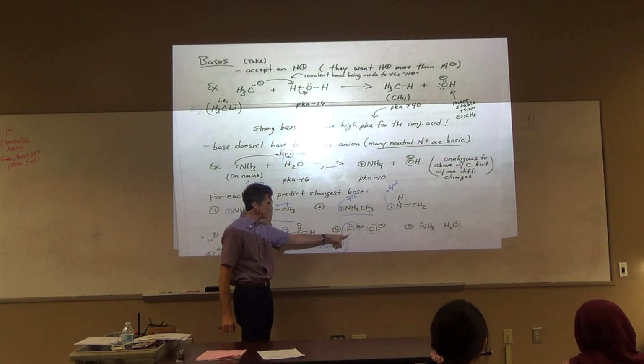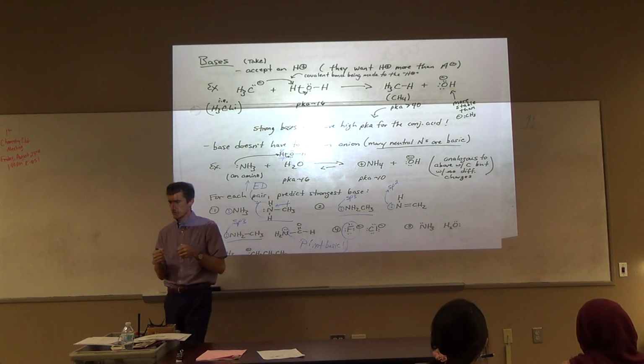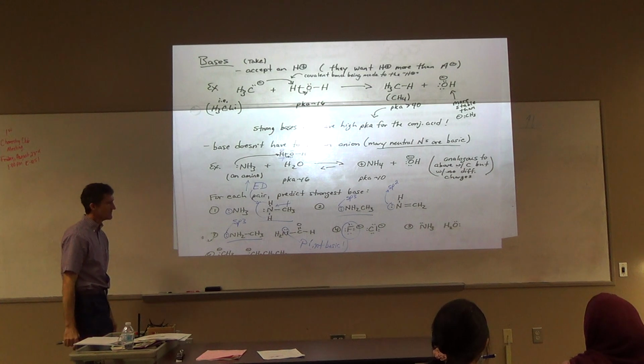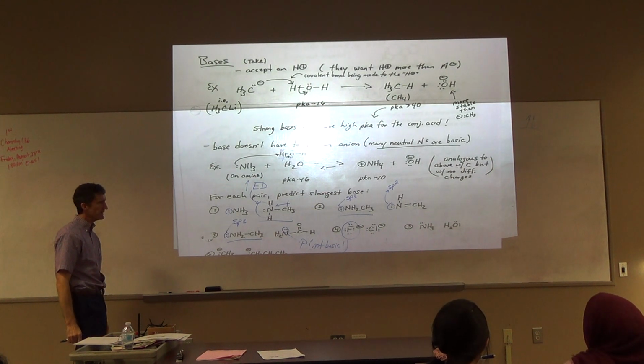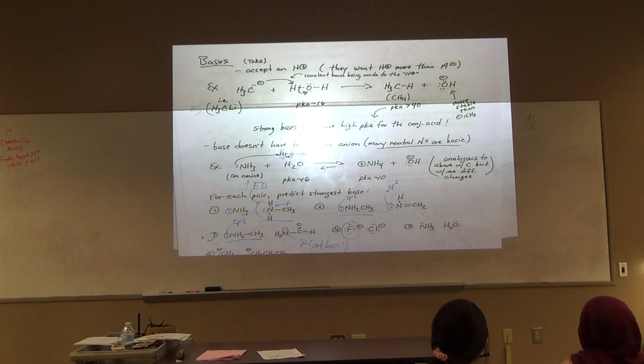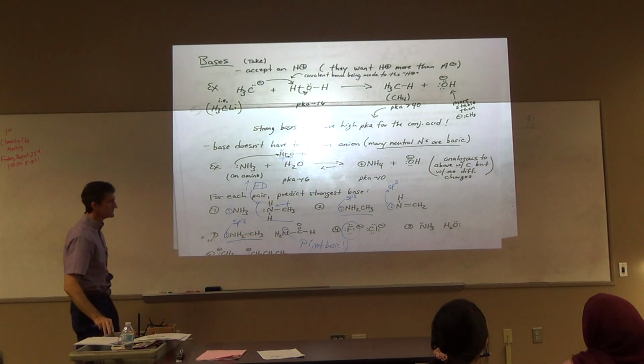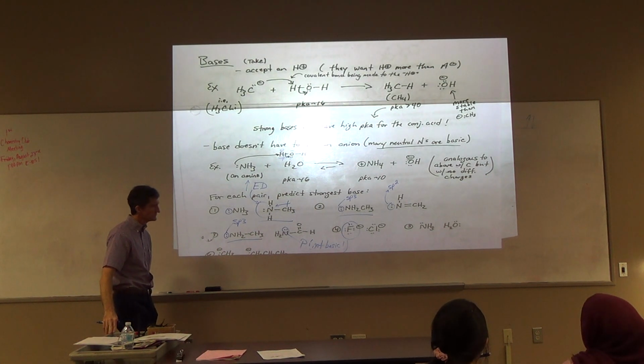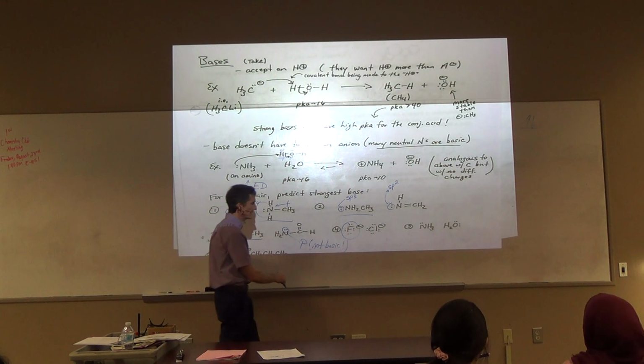Now you might say with the F, it's smaller, aren't the electrons closer to mama? And that could be an argument that would get you the wrong answer. If you're really trying to give a good logical argument, this one is a little bit more difficult.